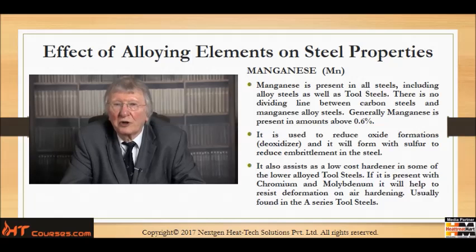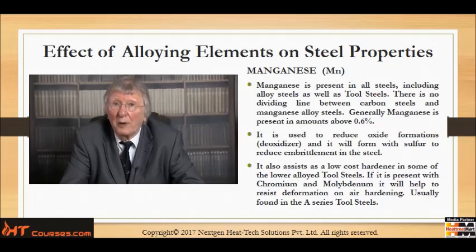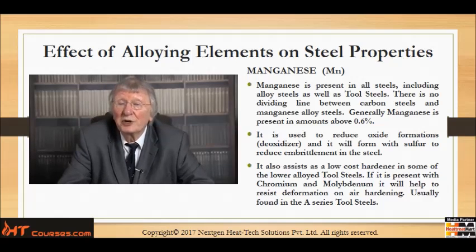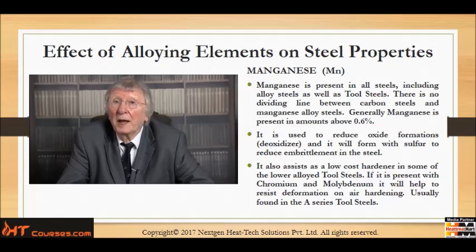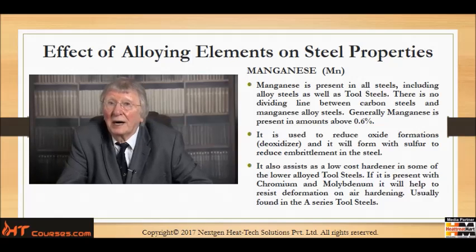The manganese sulfides are a non-metallic condition. So within the body of the material, if the manganese and the sulfur are too high, these two elements will react to form manganese sulfide, which will give you crack propagation risk. So be very, very careful when you're receiving steel that has high manganese and high sulfur contents.